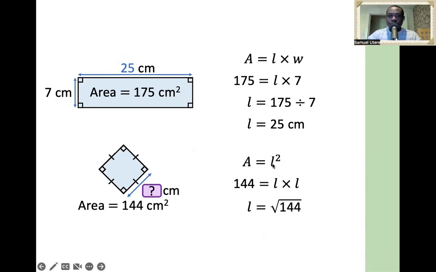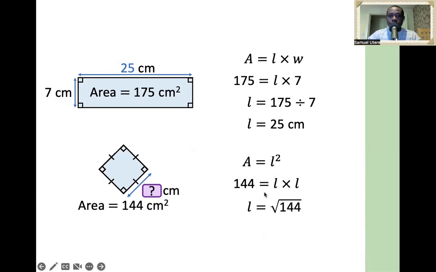Now, something you must know is, if you remember in our previous lesson, we talked about the inverse of squaring. We said that in the indices, index and roots have the same order of operation. So I want you to think about this because you're going to use this knowledge in other aspects of maths.